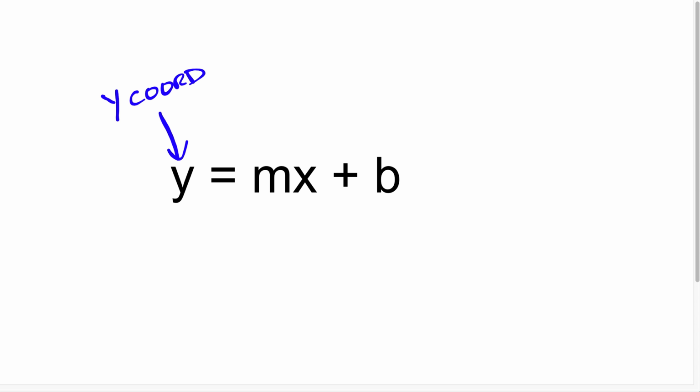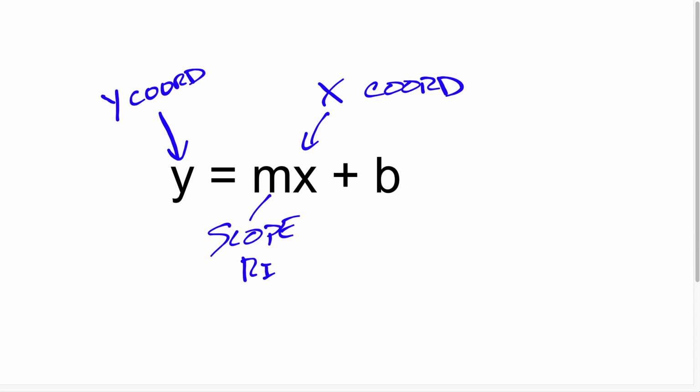The x are the x coordinates. So if you are talking about points that are on a line, those two would be the x and y coordinates that fit on the line. The m is what we now call slope. Okay, and that's your rise over your run, or whatever definition you want to talk about it.